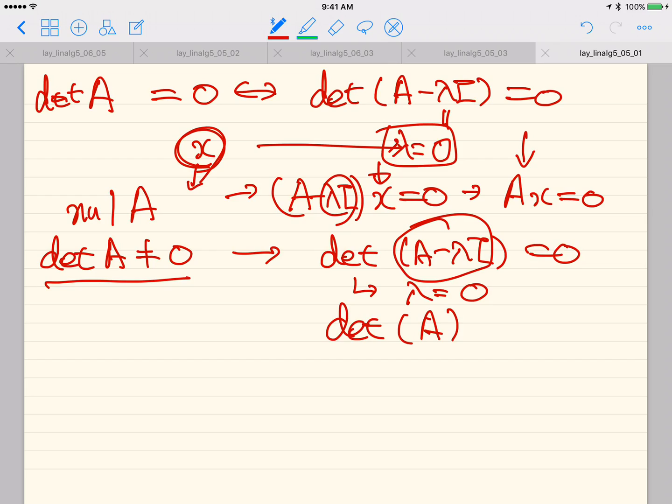Okay, and then let me ask another related question on top of it. Let's go back to this case of a singular matrix A. We now know that 0 is an eigenvalue, right? And then will it be possible that we have other eigenvalues other than 0?